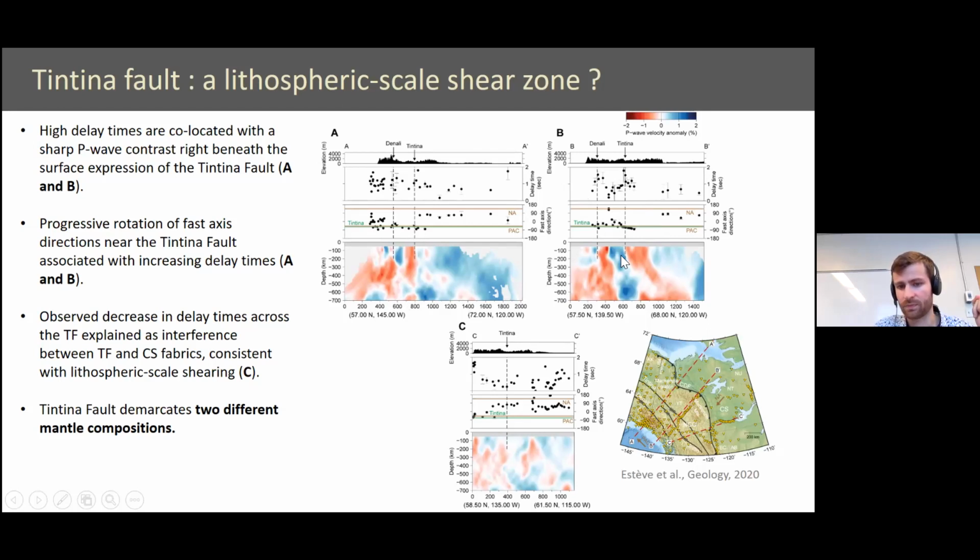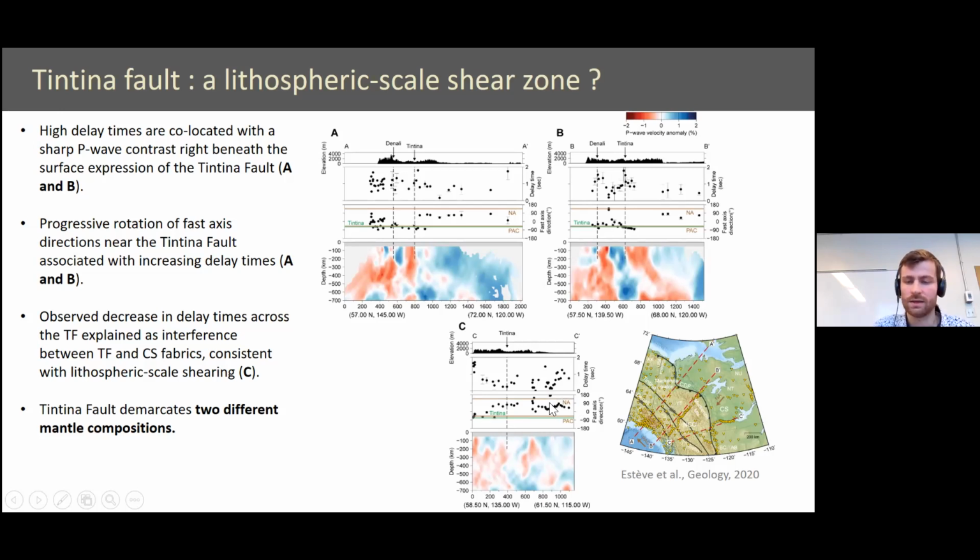And same here. However, on the CC prime transect, we see that the delay times tend to decrease as we get closer to the Tintina fault, and they almost go to nothing. And we don't observe any rotation as we cross the Tintina fault. They tend to be similar to what's observed in the eastern section of the transect here.